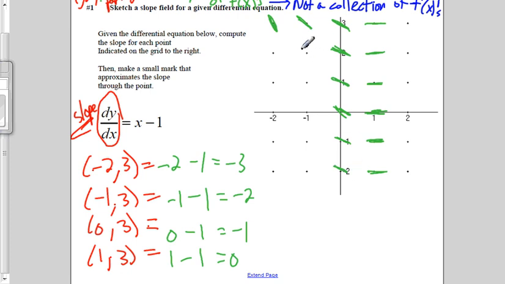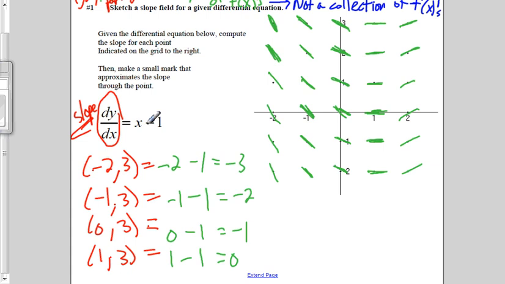Same thing here, a little more steep. And this is negative 3. Okay, and then over here, this is x is 2, 2 minus 1 is 1. And all of these are going to end up being the same.